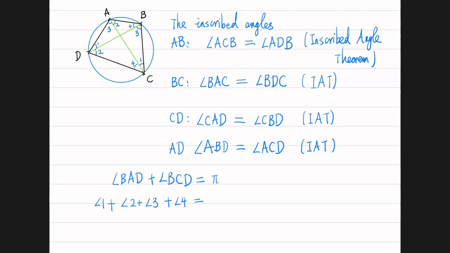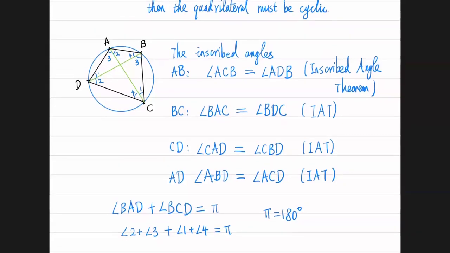Maybe I should go to the original order. That's confusing. Okay, angle 1 plus angle 4. So again, pi is 180 degrees. Okay, so these are some preparations for the proof.